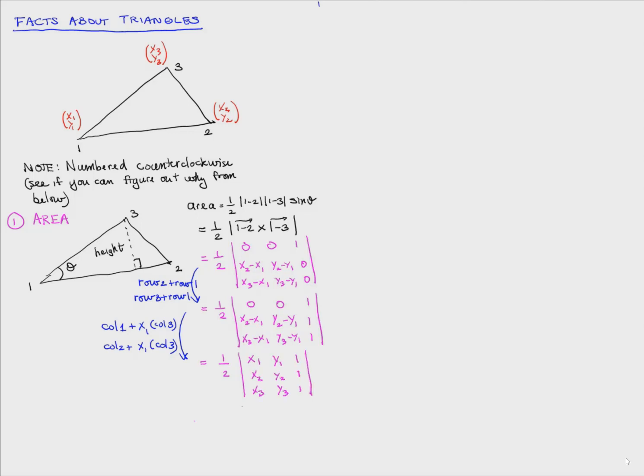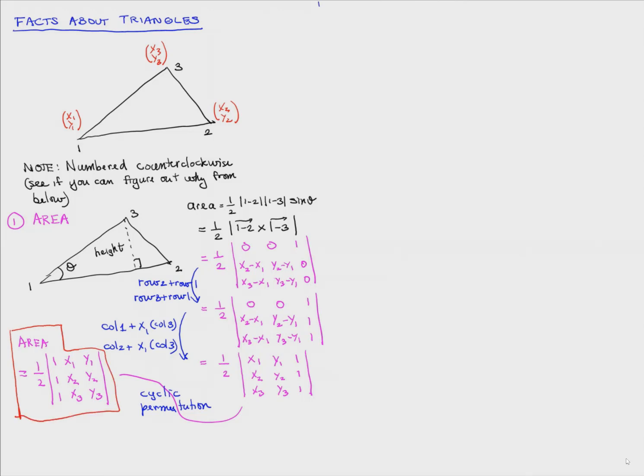And then we can do a cyclic permutation of the columns to get a very nice looking formula for the area. So the area is 1/2 of the determinant of 1, 1, 1, x1, x2, x3, y1, y2, y3.